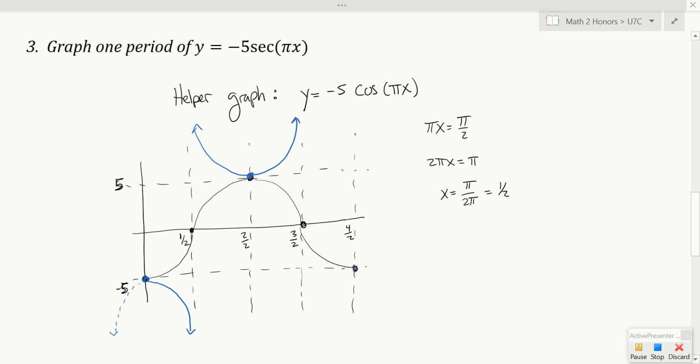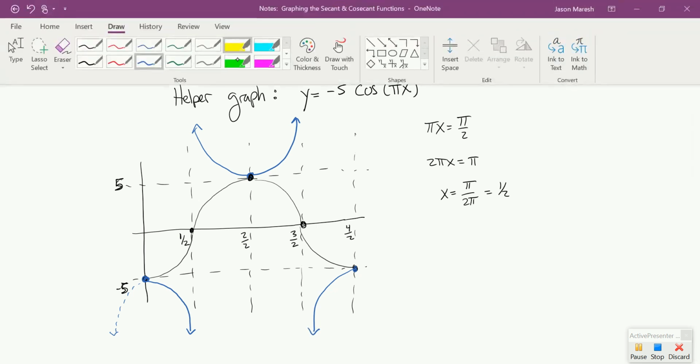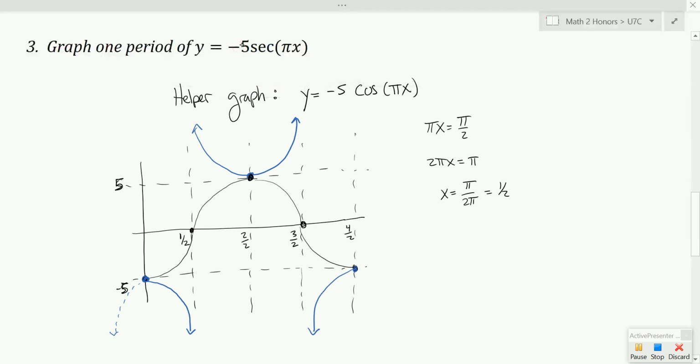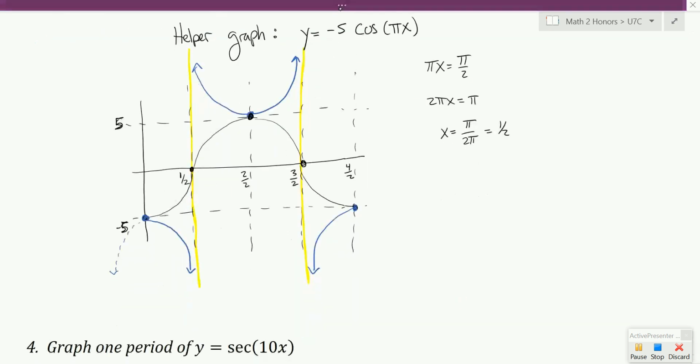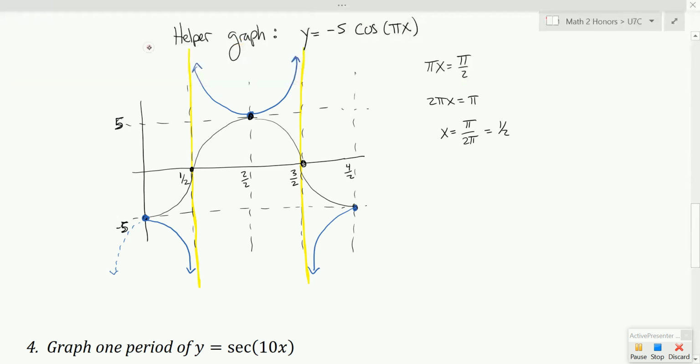And here's another min, but that min is at the end, so I'm going to only draw the left side of that sad face there. And I have how many vertical asymptotes in this picture? Only 2, because there's only 2 x-intercepts for the cosine function right here. Okay. Again, just know if we kept going, you would get that full sad face, but you don't have to draw that. In one period, you only get half.